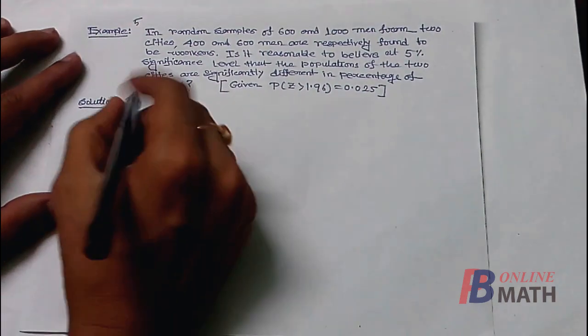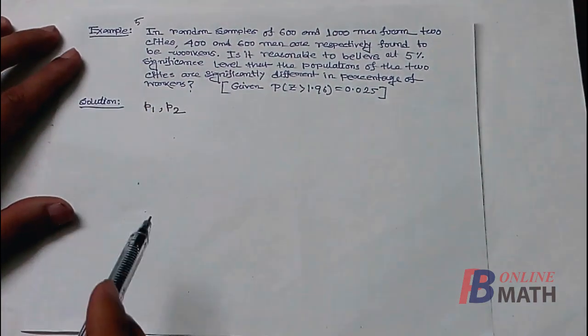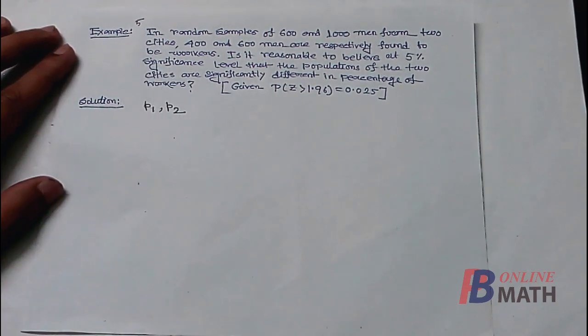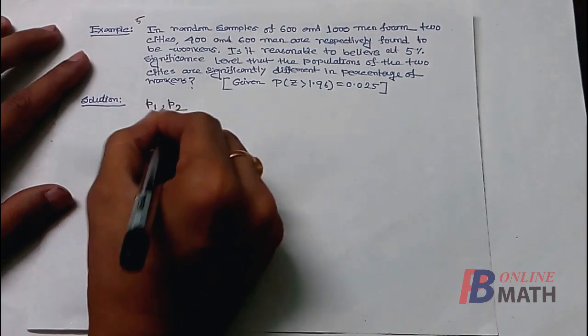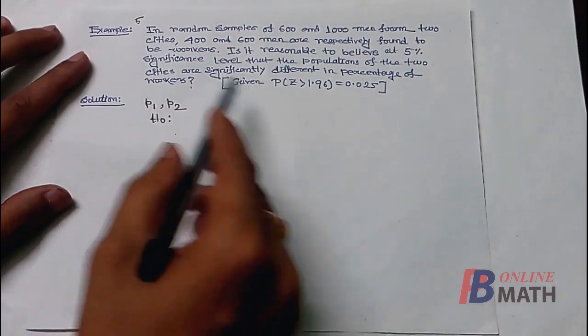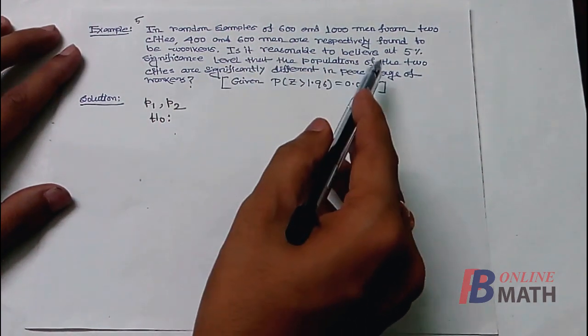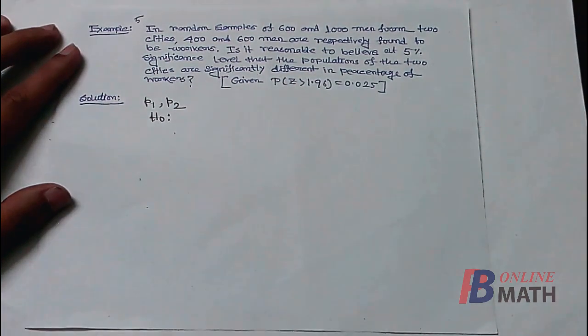First of all, we write some notations. We shall use p1 and p2 for the proportion of workers from city 1 and city 2 respectively. Then we have to check the null hypothesis H0. What is the question? Is it reasonable to believe at 5% level that the populations of the 2 cities are significantly different in percentage of workers?